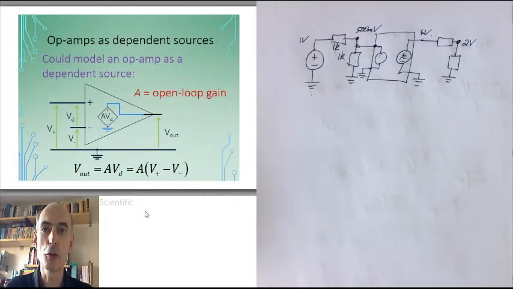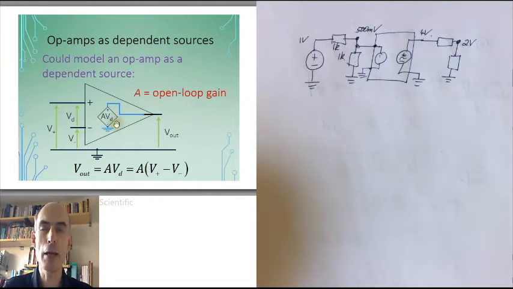This would be a simple model of an ideal op-amp as a dependent voltage source. Its output voltage is the open loop gain, A, times VD, where VD is the difference between the voltages at the non-inverting input and the inverting input here.